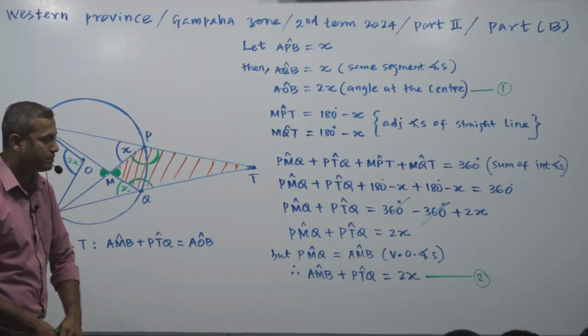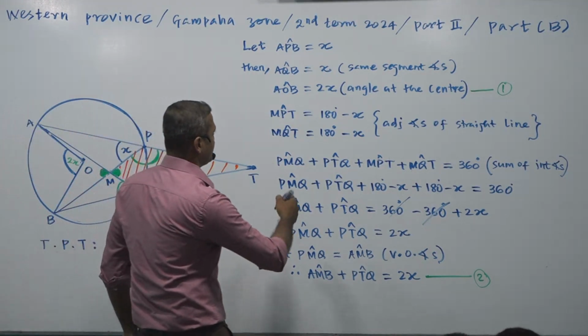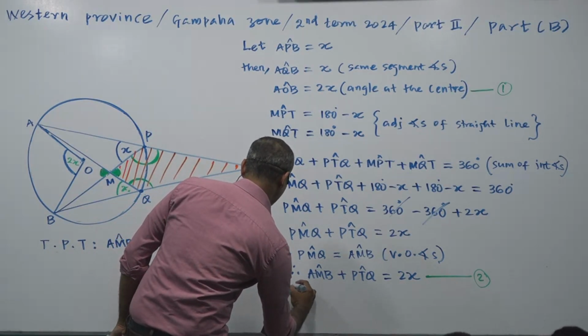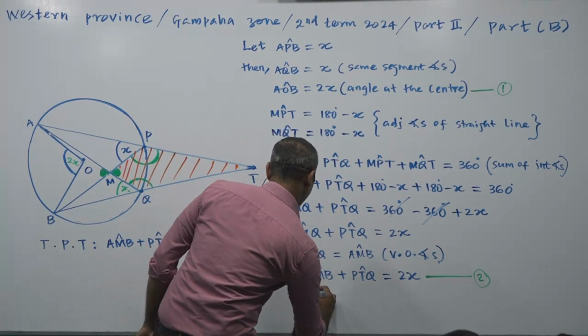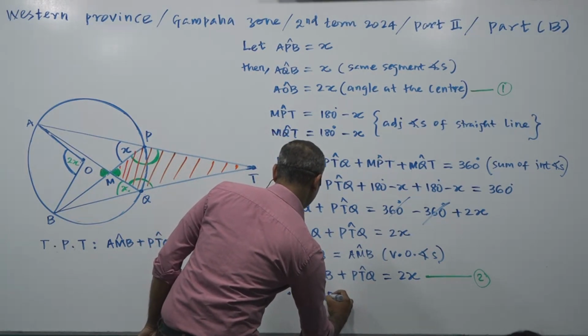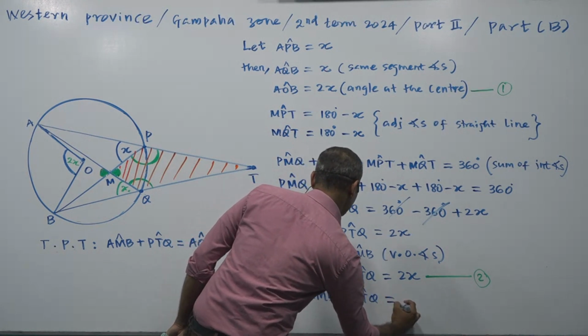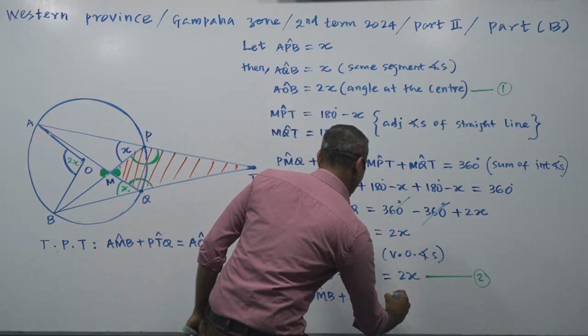Then, according to axiom 1, yes or no? In grade 9 we studied about axioms. Therefore, what is your conclusion? AMB plus PTQ is equal to AOB.